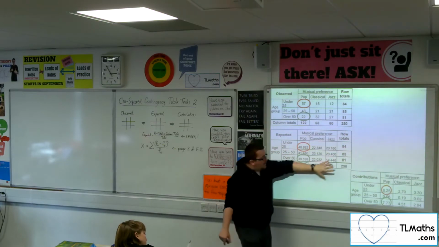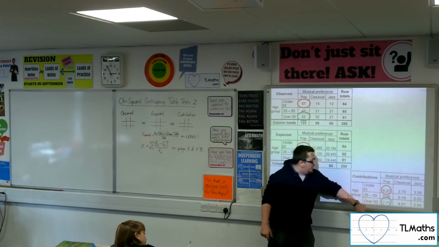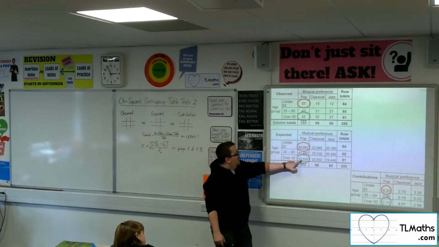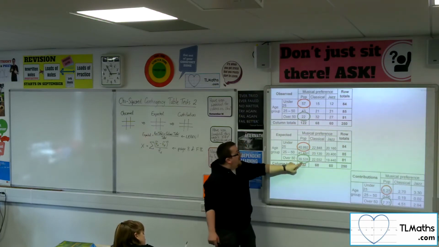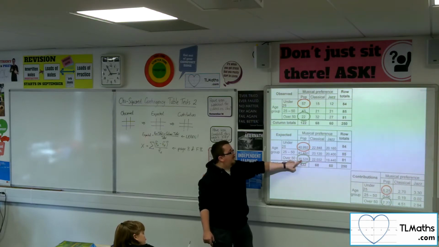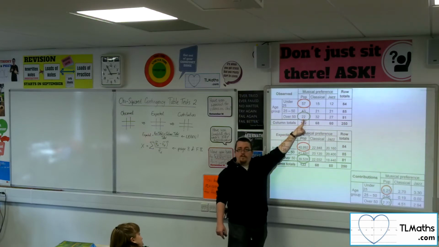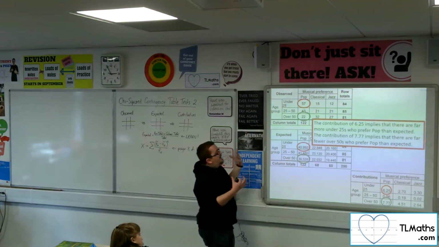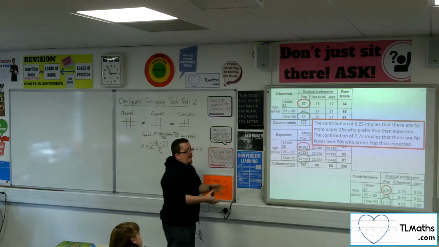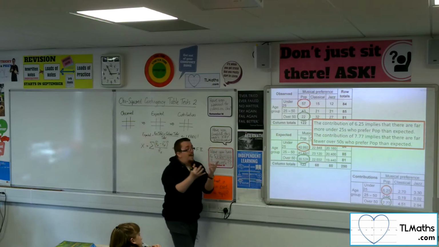Whereas if you look at the 7.77, that's quite a large number as well for the contributions. We've got 39.528 and 22 here, so we expected far more over 50s to prefer pop than we observed. If you were going to write that down, you want to talk in your answer using the exact values.